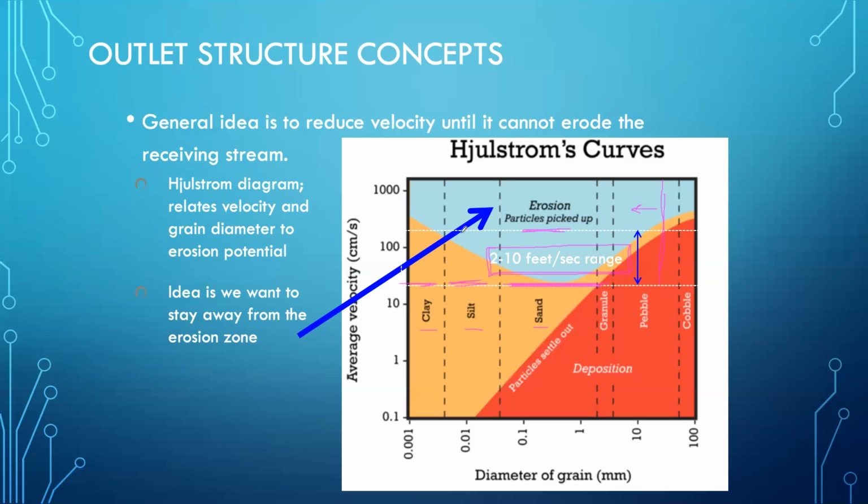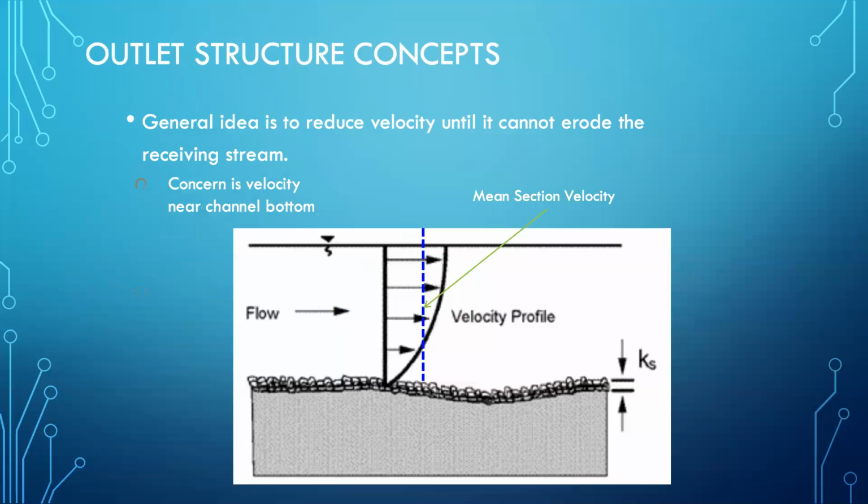But if we get to the upper end of the range, we can induce erosion. And so this blocked area here is kind of the danger zone based on what the receiving stream is made out of. And our general idea is to reduce velocity until it can't erode the receiving stream.